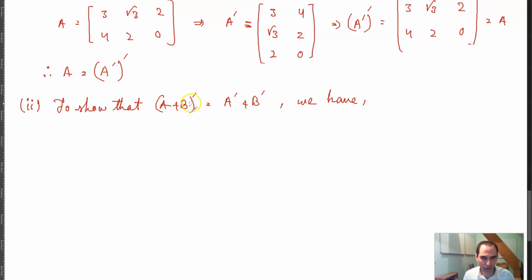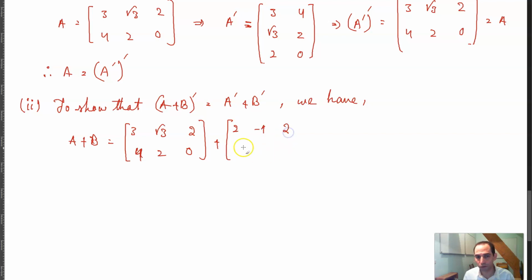Let's take A plus B and see what we get there. To calculate A plus B, we have 3, square root of 3, and 2, 4, 2, and 0, plus B, which is equal to 2, negative 1, 2, 1, 2, and 4.